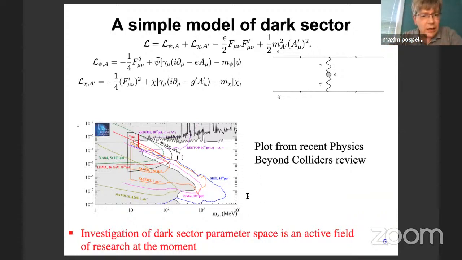So here are the mixing parameter epsilon versus the mass, constraints on the dark photon couplings, and if you have additional matter charged under this U(1), this could very well be dark matter. And here is the simplest diagram of an electron interacting with this new chi fermion via the mixed A prime propagator.